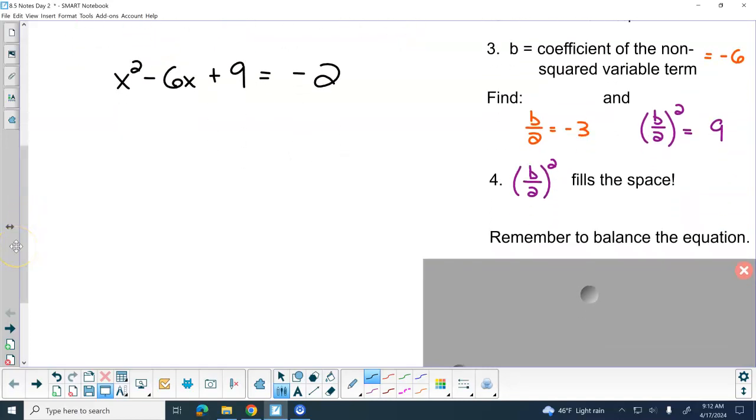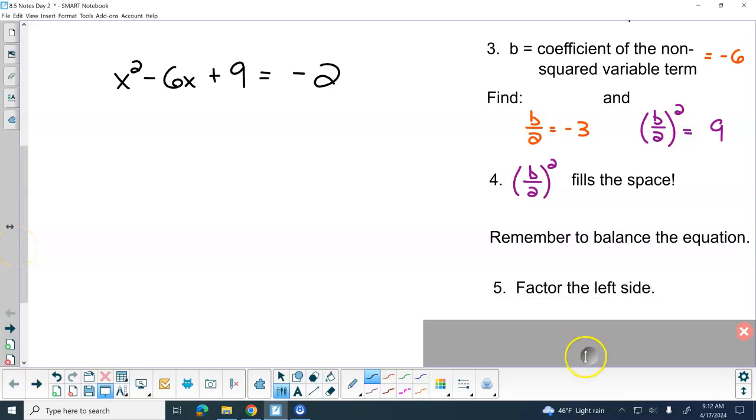Step number 5 then says, now we can factor the left side. The nice part about factoring the left side is it will always be a set of parentheses that will be squared. And it will always be our variable, and then this b over 2 term comes back into play. It will always factor to be that.